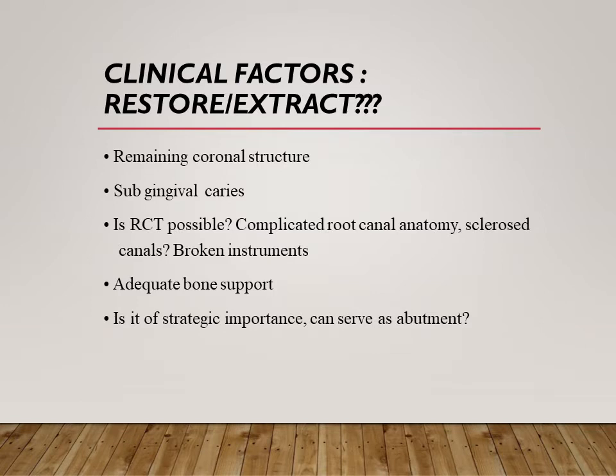Is it a patient who is going to be maintaining impeccable oral hygiene, or is the patient going to be careless, not taking care of the prosthesis in future, and reckless with chewing habits, or with deleterious habits like smoking and tobacco chewing or tobacco sniffing? So all this has a major role to play when it comes to safeguarding the life of the prosthesis.